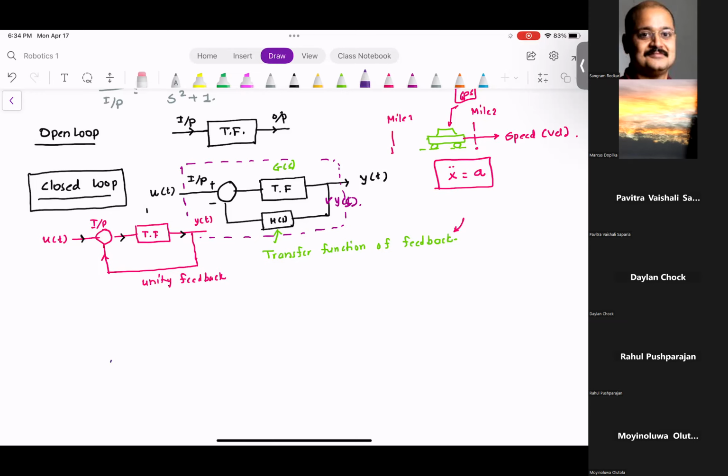So you have u of s plus minus h of s, y of s, that gets multiplied by the transfer function g of s, that gives you y of s.